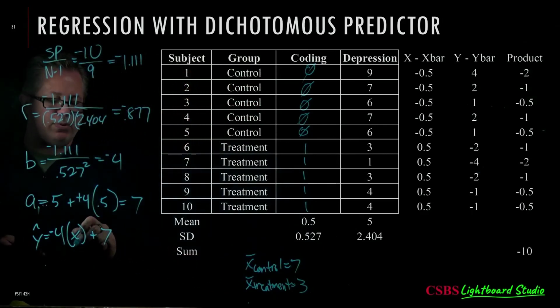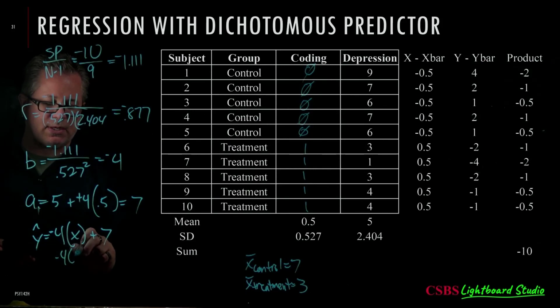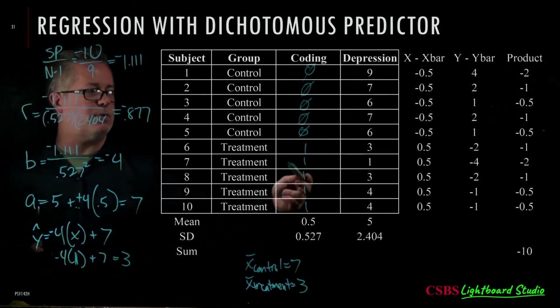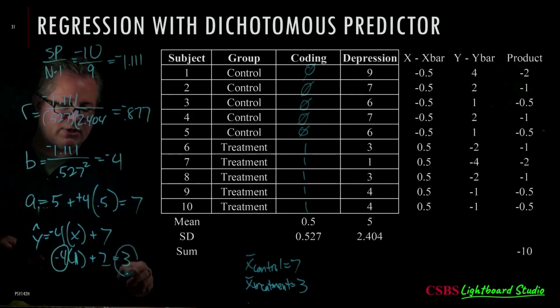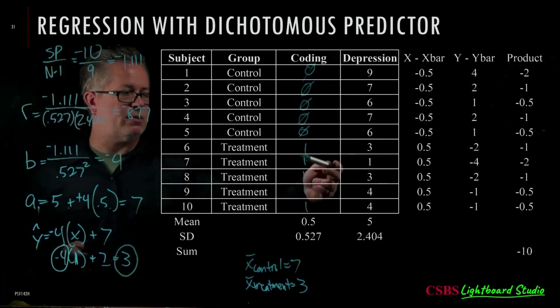So if I plug in 1 here, so that's negative 4 times 1, that's negative 4. Negative 4 plus 7 equals 3. So when I plug in 1s for the treatment group, it tells me that this negative 4 is how far apart those two groups are. So when I plug that in and add in the intercept value, it gives me the expected value for treatment, which is the mean of the treatment group.